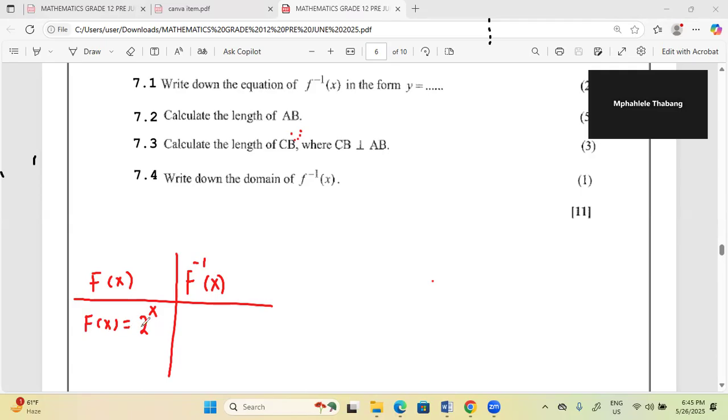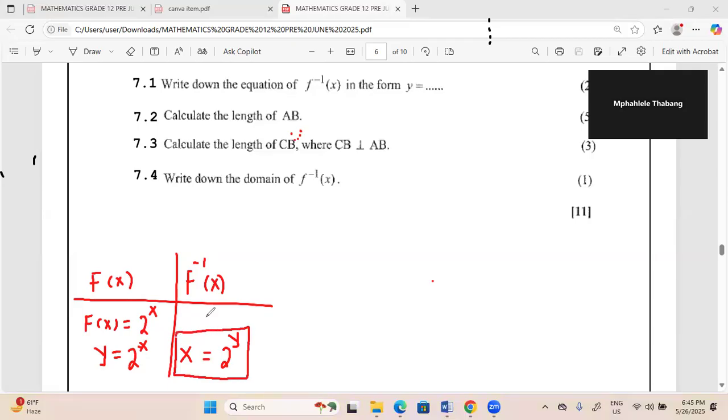So f of x equals 2 to the exponent x is the same as y equals 2 to the exponent x. At the position of y, you put x. At the position of x, you put y. So this is your first step. x equals 2 to the exponent y. This is the equation of the inverse of f.